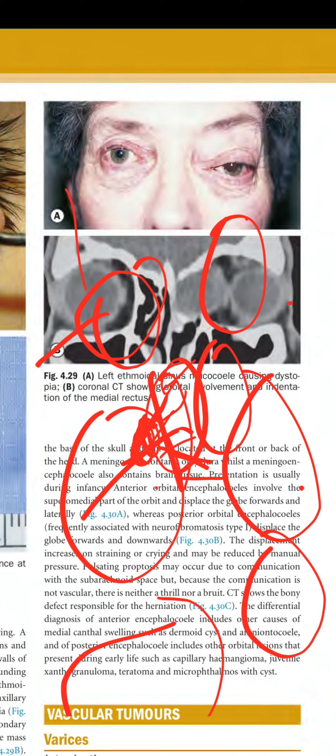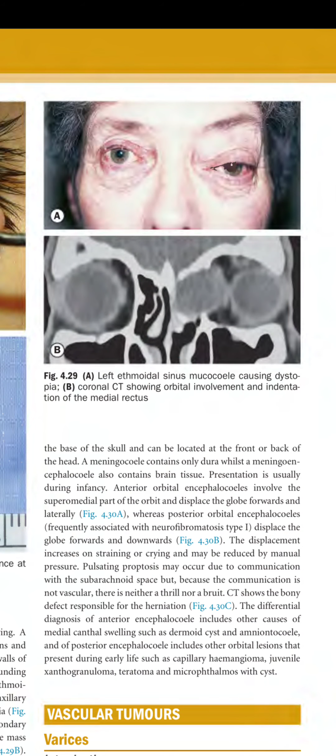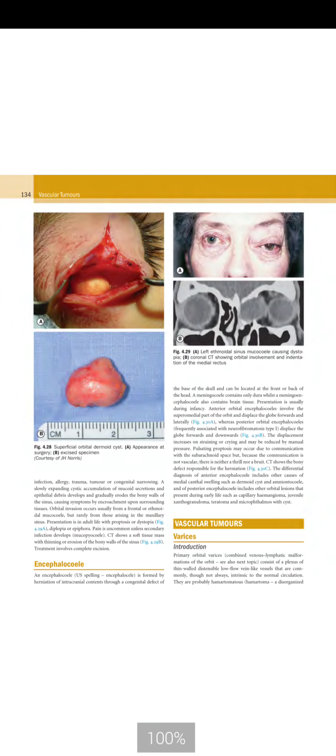It can cause destruction of the bony wall and even invade the orbit. Most of the time it's the frontal and the ethmoid sinus that invade the orbit. When it invades the orbit, it will cause proptosis and dystopia of the eye, and the treatment is basically surgical excision.